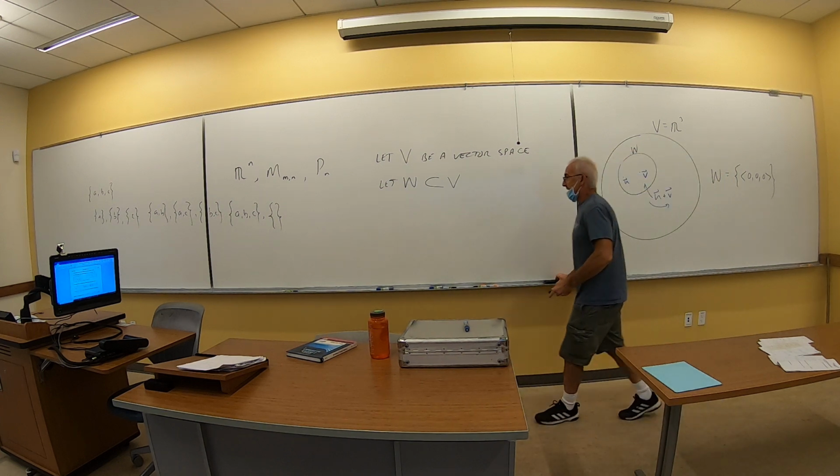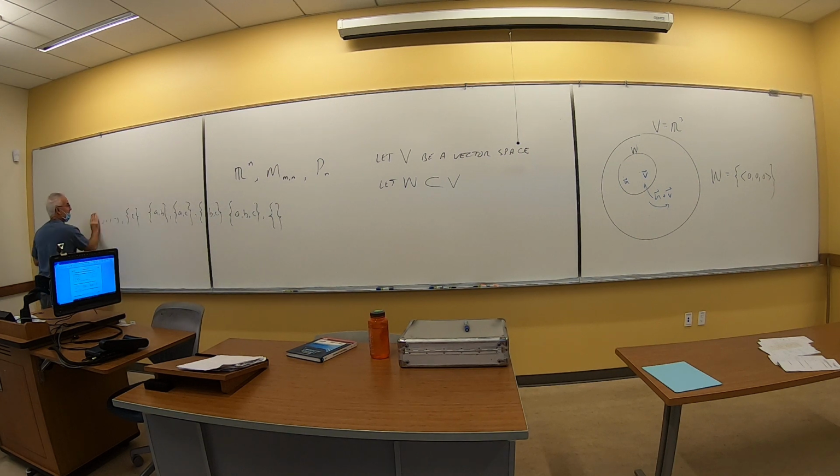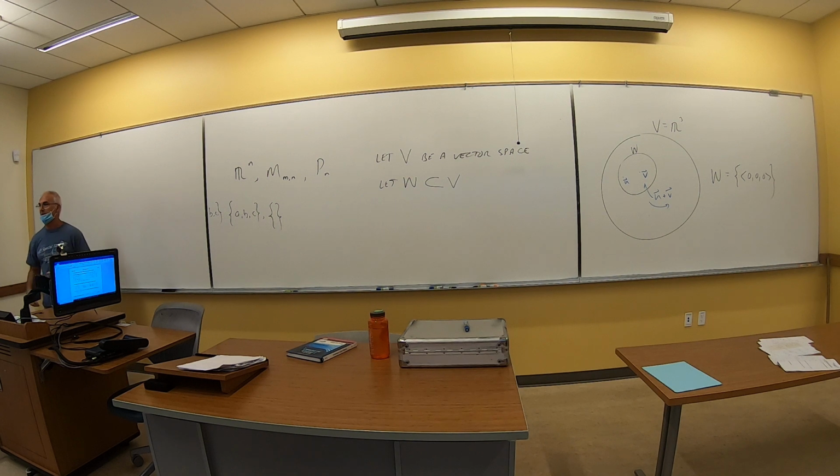So now, if I can show that W, now go back to our generic. I have a vector space V. W is a proper subset of V, meaning W is completely contained in V. There's no parts of W that aren't in V, in other words.